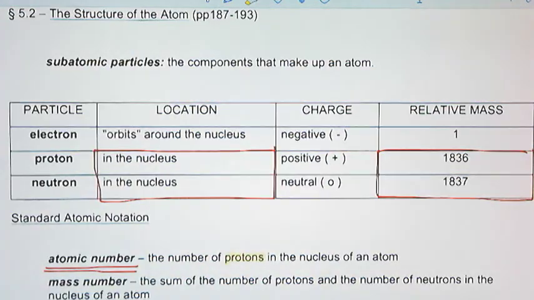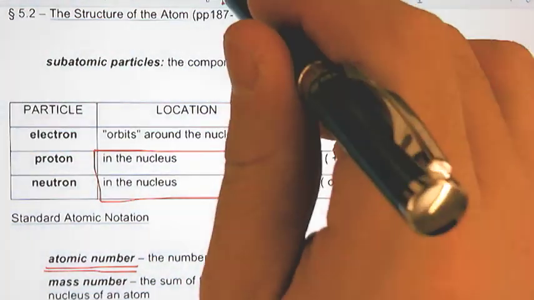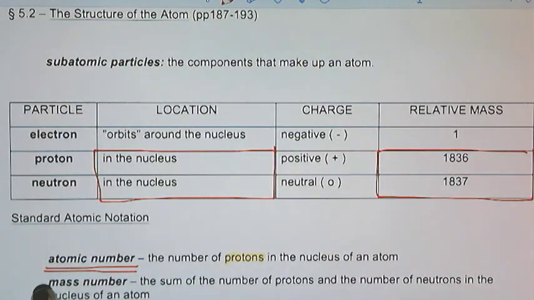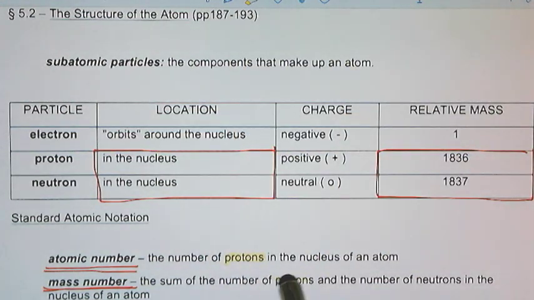What does the atomic mass tell us? Well, the atomic mass is also known as the mass number. And it tells us the sum of the number of protons and the number of neutrons in the nucleus of an atom.